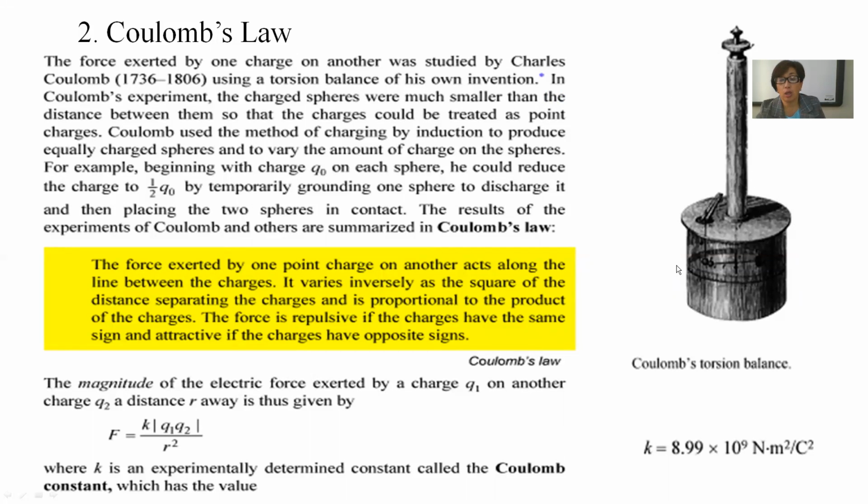This is Coulomb's torsion balance. Coulomb measured the force exerted by one charge on another using a torsion balance of his own invention. This is Coulomb's experiment. The charges are very much smaller than the distance between them, so the charges are treated as point charges.